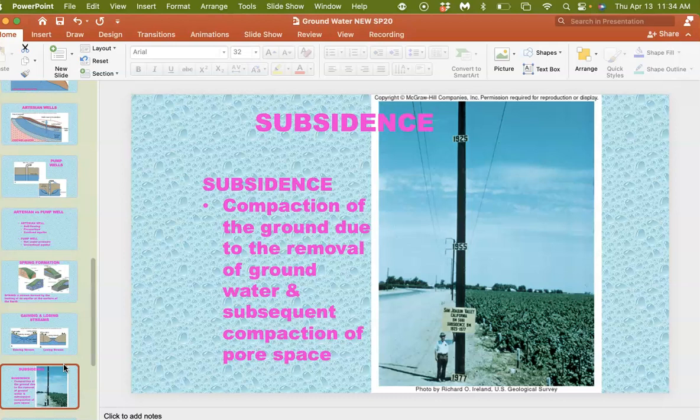So they were pumping out a lot of vegetables, and think about a grape. A grape is 99% water practically. So they lost a lot of water. So, subsidence. That's a bad thing. Should make that clear.